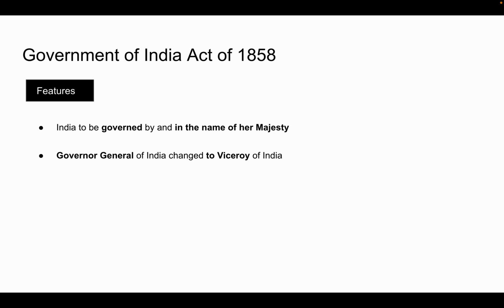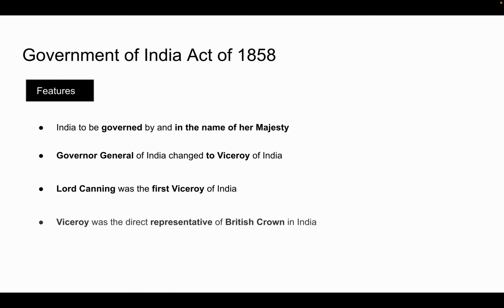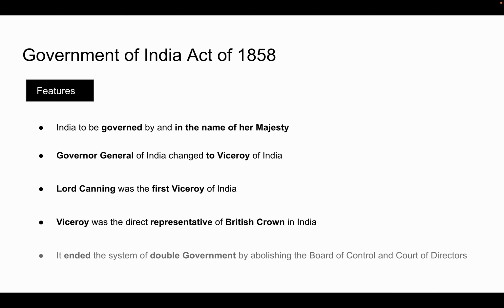And now the Act of 1858 made the first Viceroy of India. So the Governor General of India position was changed to Viceroy of India. And who was the first Viceroy? His name was Lord Canning.